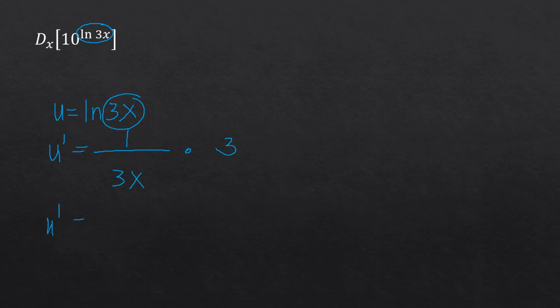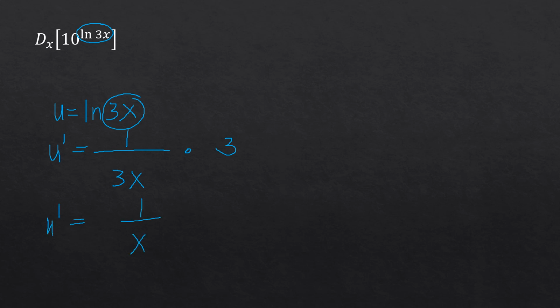There are also cases wherein the value u is also differentiable using the chain rule. It's like this, u is equal to ln of 3x, and the derivative of u is 1 over, take note that this is also differentiable, this is equal to 1 over 3x times the derivative of 3x, which is 3, so u prime is equal to 1 over x.